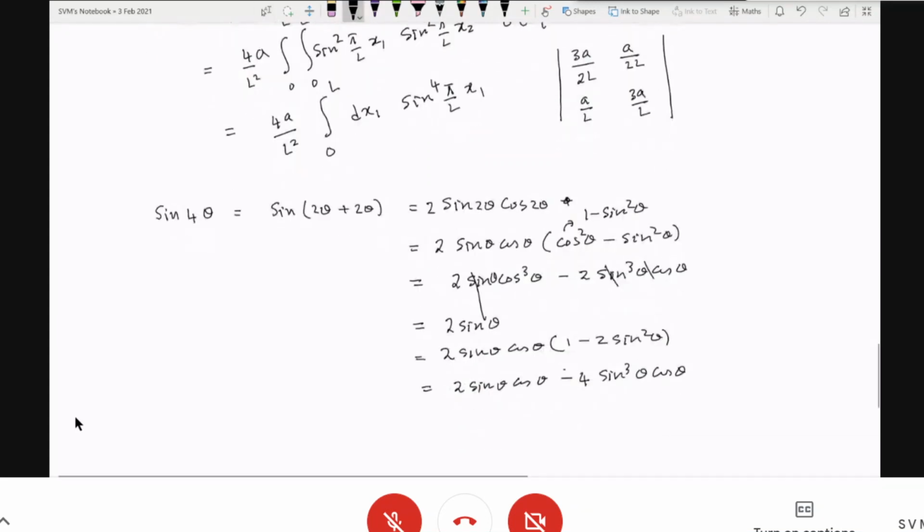So this I can write as 2 sine 2 theta minus 2 sine square theta into sine 2 theta. So that is what we have started with.